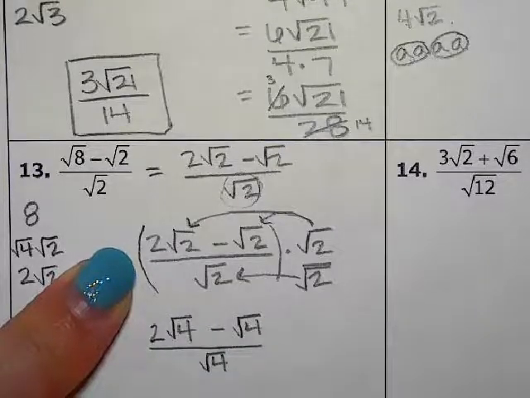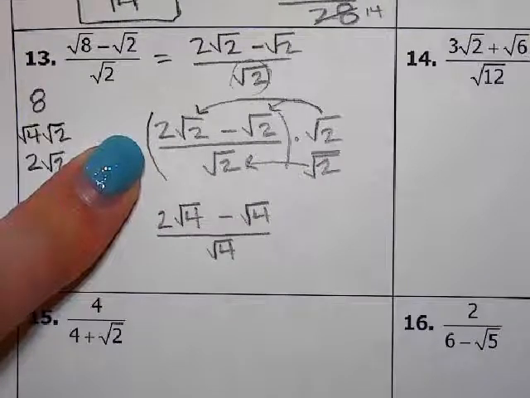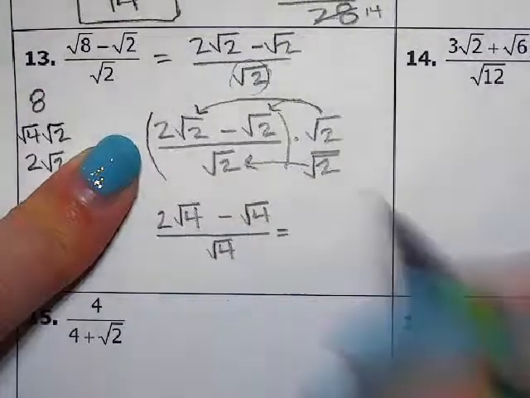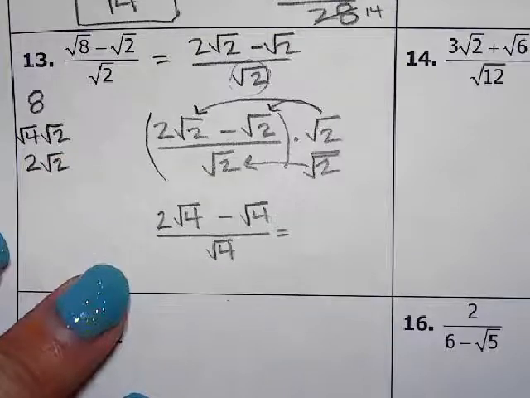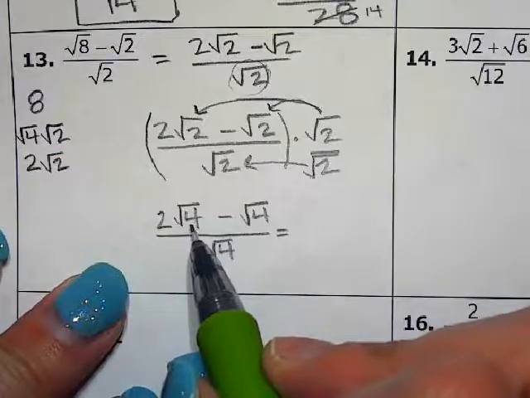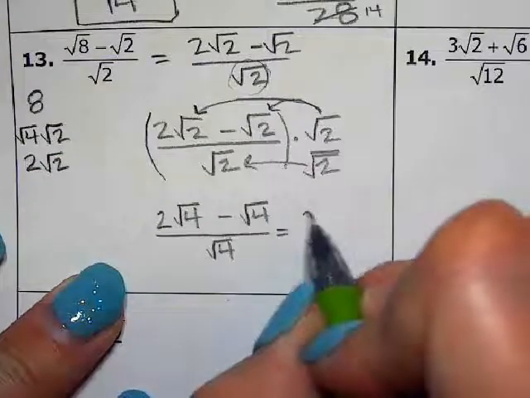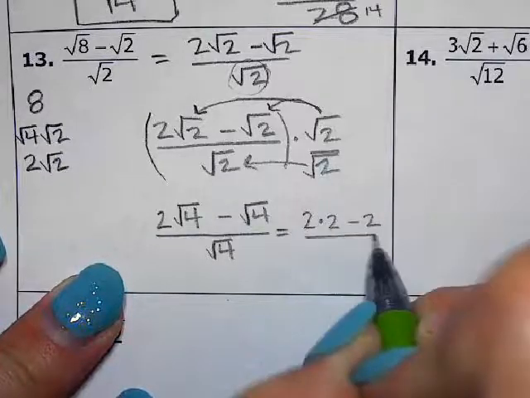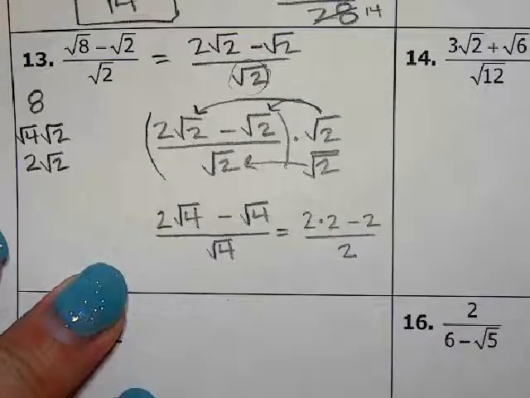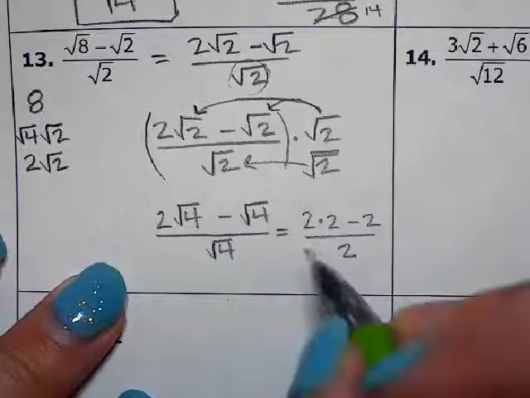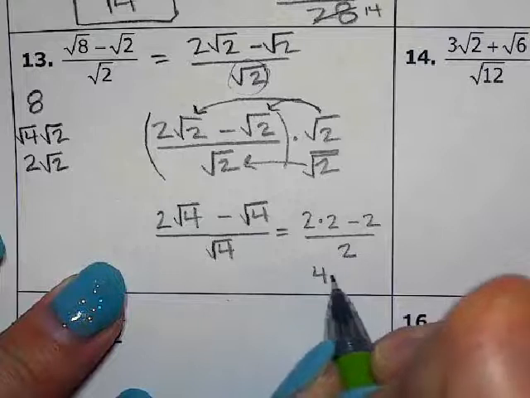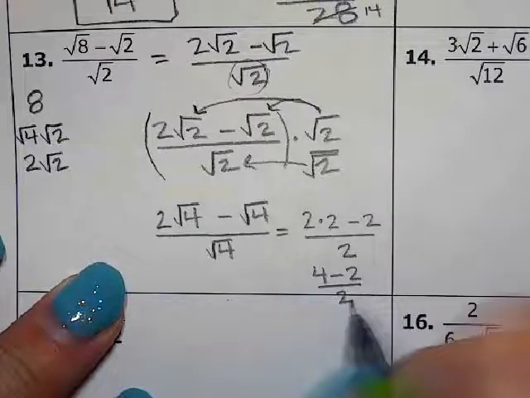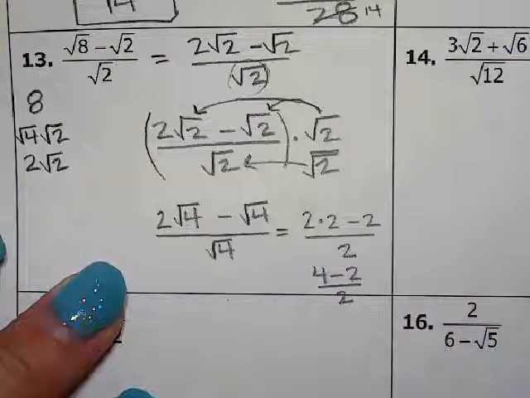The square root of 4 is 2. So we've got 2 times 2 minus 2 over 2. Okay, so we have 4 minus 2 over 2. 4 minus 2 is 2, so we have 2 over 2, so we have 1.